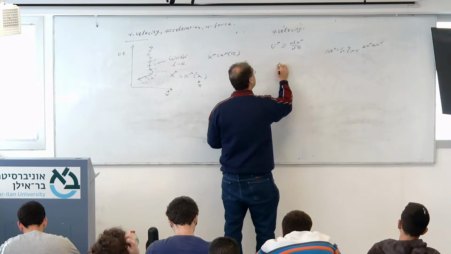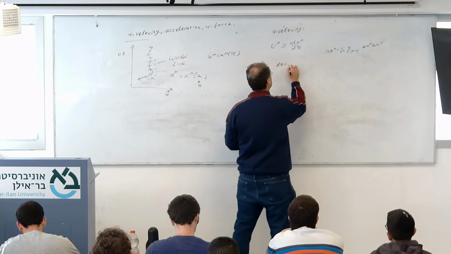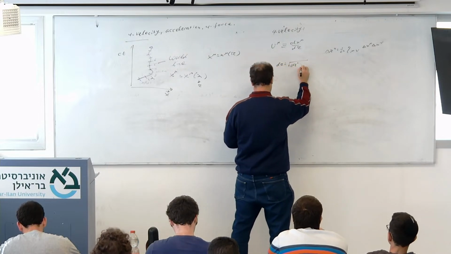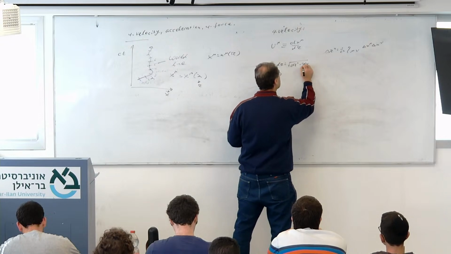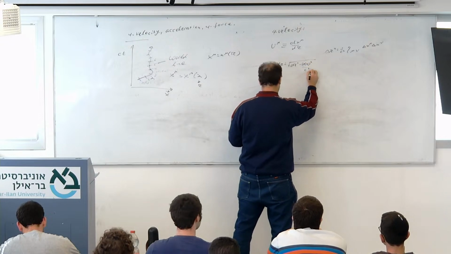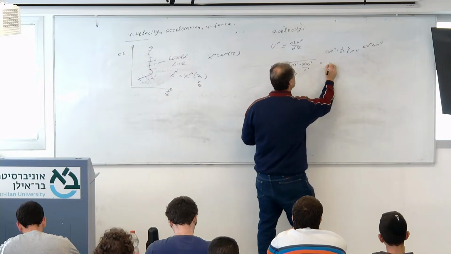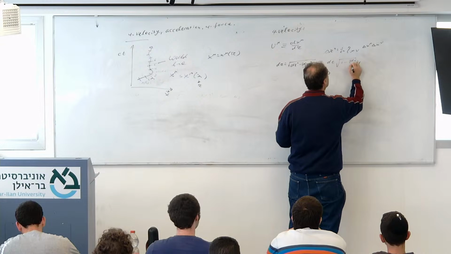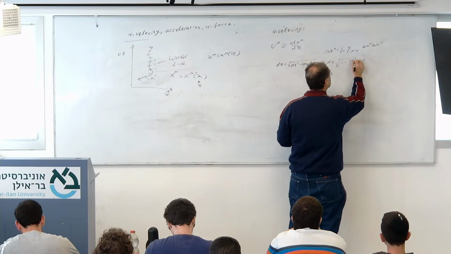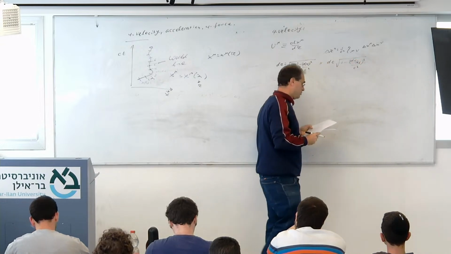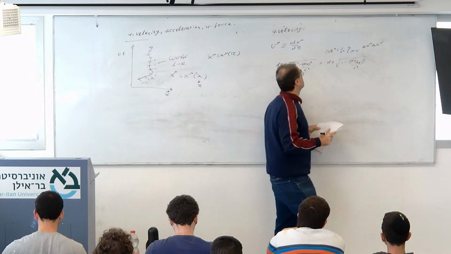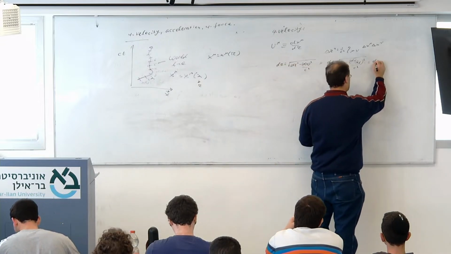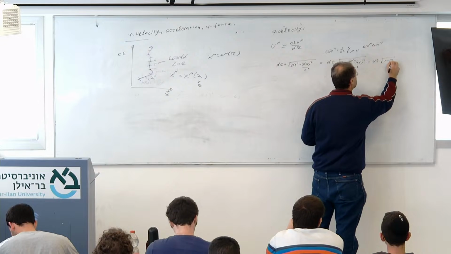So we can write dτ as the square root of dt² minus dx² over c², which is dt times the square root of 1 minus (dx/dt)² over c², which is dt times the square root of 1 minus β².